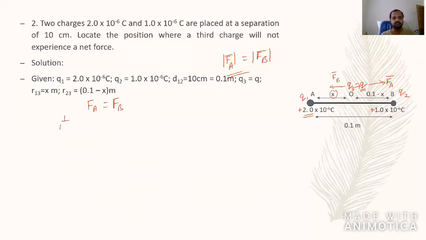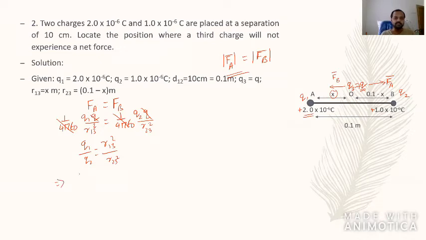According to Coulomb's law, this will be 1 by 4 pi epsilon naught into Q1 into Q divided by R13 square, and this should be equal to 1 by 4 pi epsilon naught into Q2 into Q divided by R23 square. I can see that Q and Q get cancelled, and 1 by 4 pi epsilon naught gets cancelled. So we have Q1 by Q2 is equal to R13 square divided by R23 square.